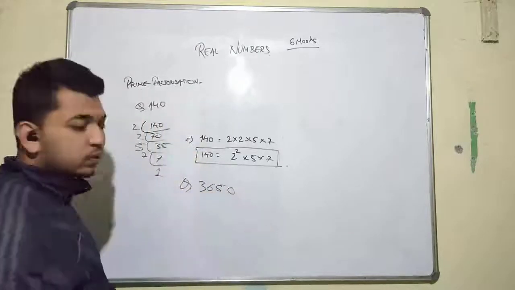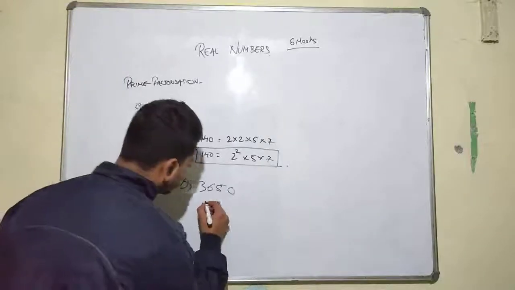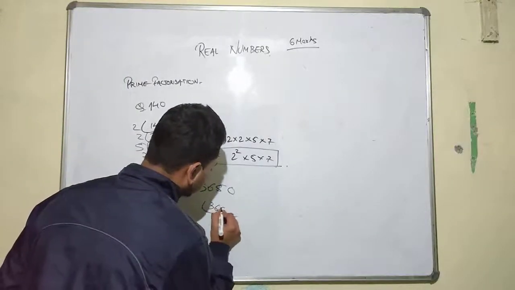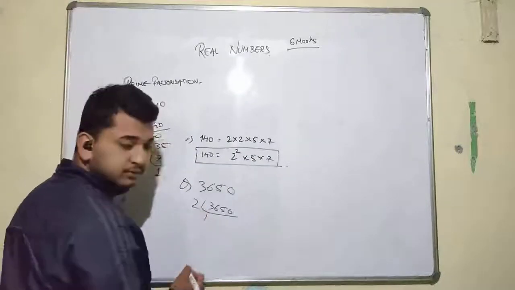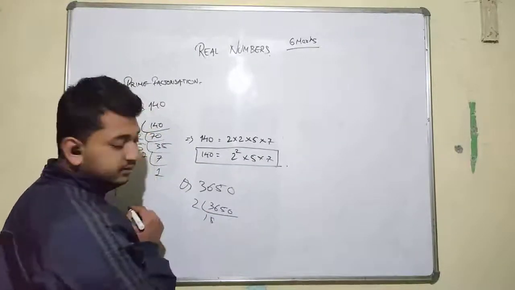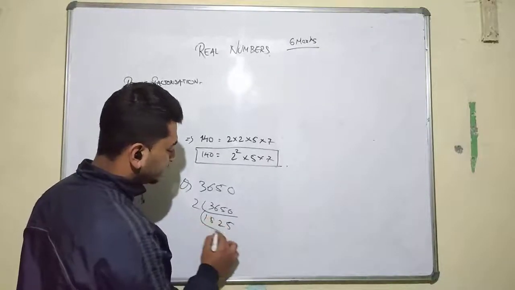3650. Okay. 3650. 2 1s are 2, 2 8s are 16, 2 2s are 4, 2 5s are 10.